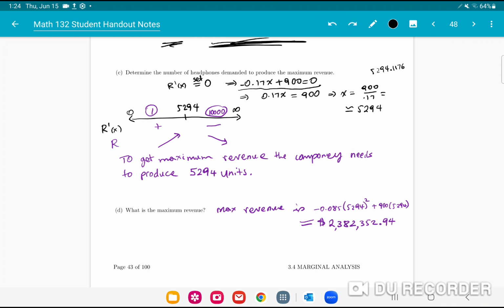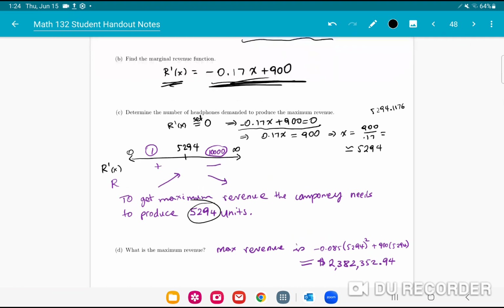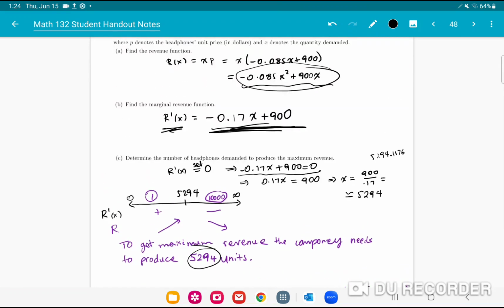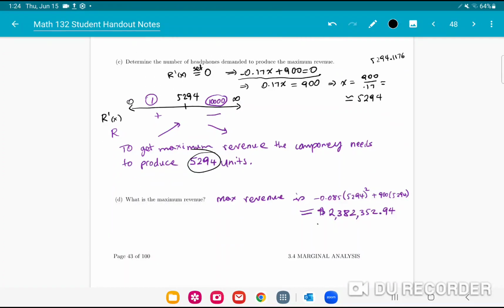The maximum revenue is, you plug this into the revenue function, not the derivative, but the revenue function. It gives you this much. Notice that I rounded the units because it's a number of units, but I didn't round this because it's money: 2,380,352 and 94 cents.